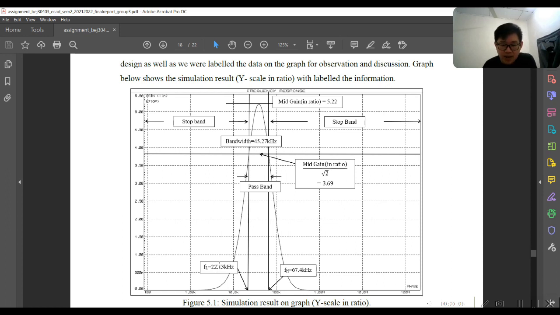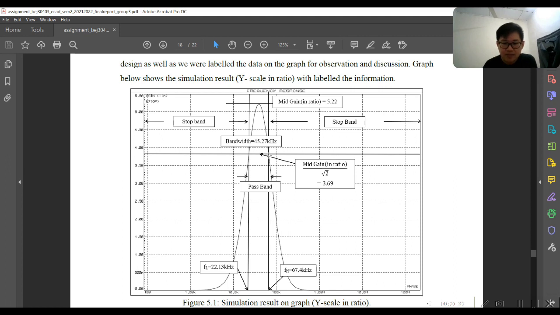In order to get these two cutoff frequencies, first we need to take the mid gain in ratio divided by square root 2 to get the value for the mid gain, which is 3.659.